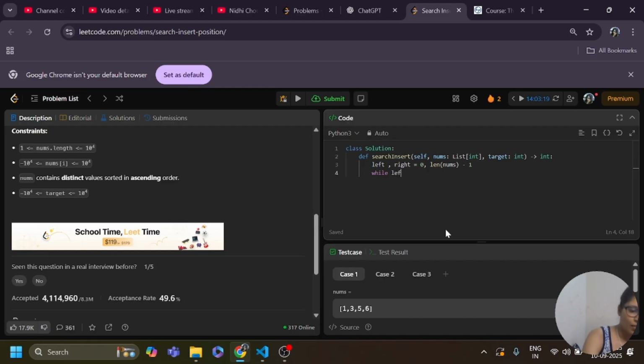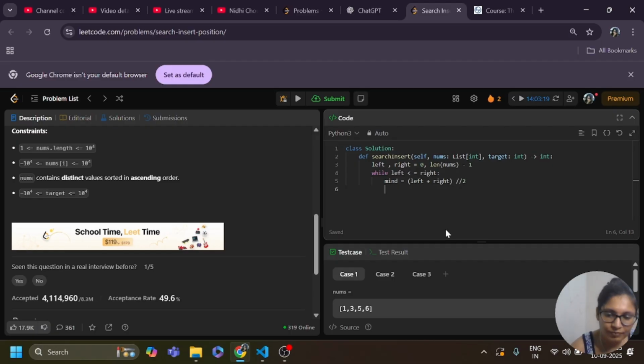While left is less than or equal to right, colon, I need to find mid equals left plus right divided by 2.